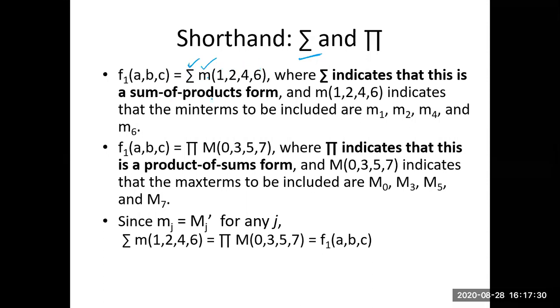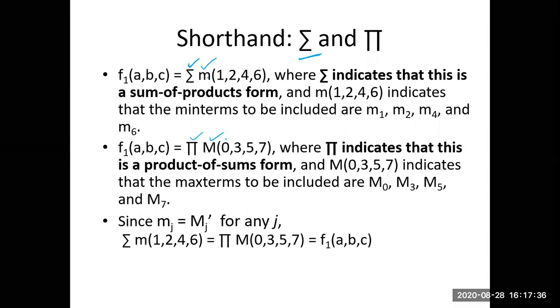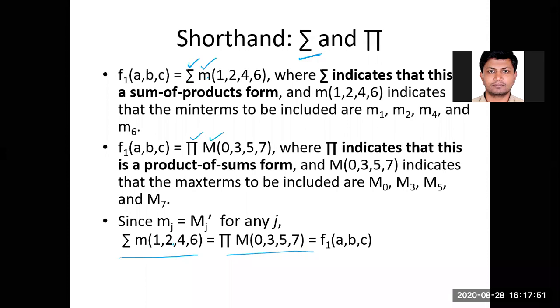I can write the same expression as a function of ABC as a product of max terms: max term 0, max term 3, max term 5, max term 7. So these two expressions are identical.